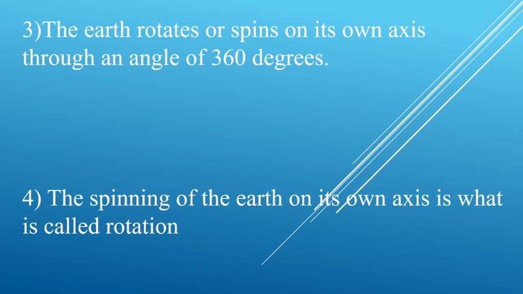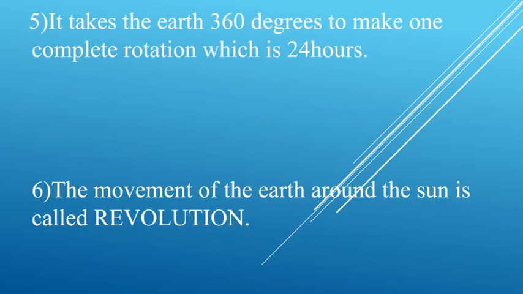Rotation causes day and night and it happens within 24 hours. Point 3 says the Earth rotates or spins on its own axis through an angle of 360 degrees. Point 5, it takes the Earth 360 degrees to make one complete rotation, which is 24 hours.